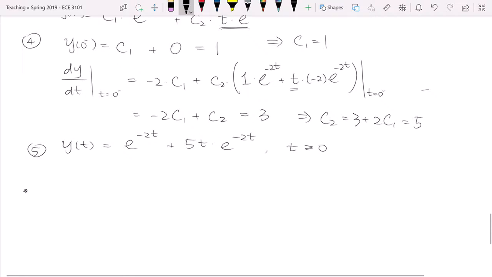A more complex and more challenging case is, what if there are complex roots?